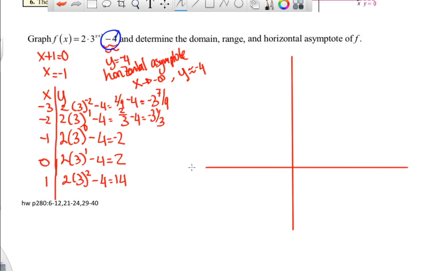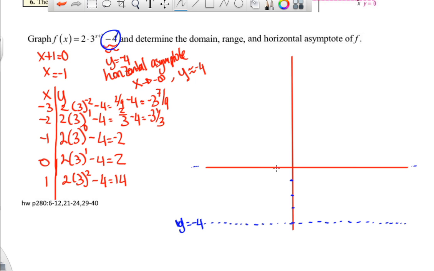So what used to be the x-axis, the horizontal asymptote, would be here. That was shifted down 1, 2, 3, 4 units. So our new x-axis, based on that shift, is over here. If the horizontal asymptote is not at the x-axis, it's customary to graph it. You don't always have to put what it is with it, but I'd like to be thorough on this one.